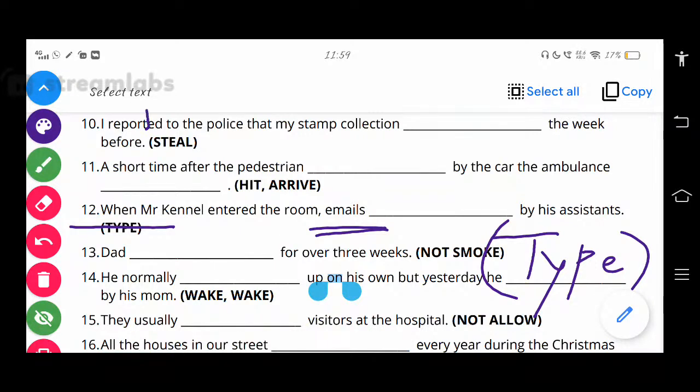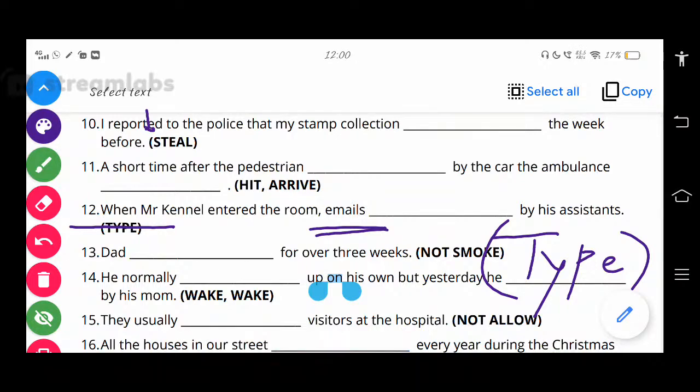So even Mr. Canal and email, two actions, two subjects are there, and here a completed and a past ongoing action have to be used. Canal entered is the completed action. Typing is the past ongoing, was typing, but emails is the non-doer subject. So that's why emails were being typed.